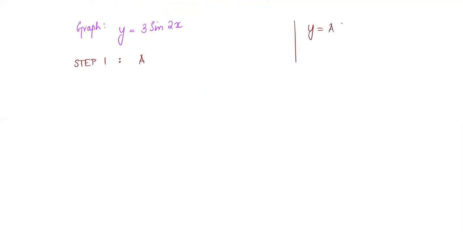So we have a sine bx minus c plus d. That's your format. So your a is positive 3. From past experience, you know this is going to go up first because a is positive 3. Nevertheless, the absolute value of a is 3, which tells you that that's your maximum height up and down.